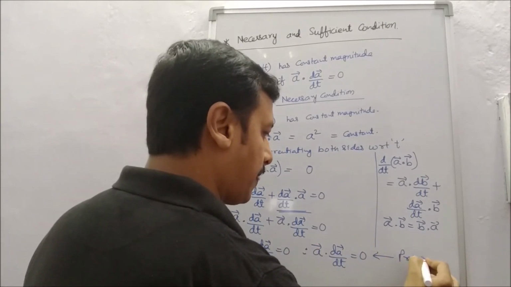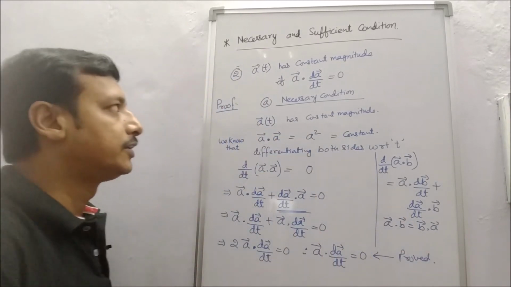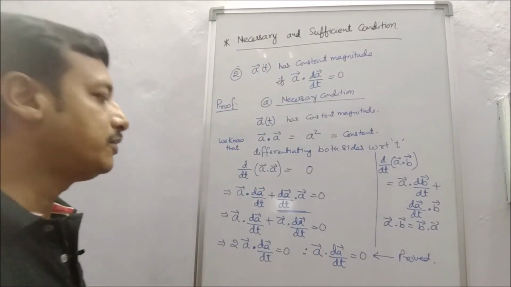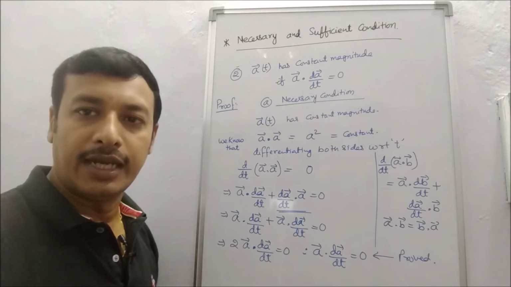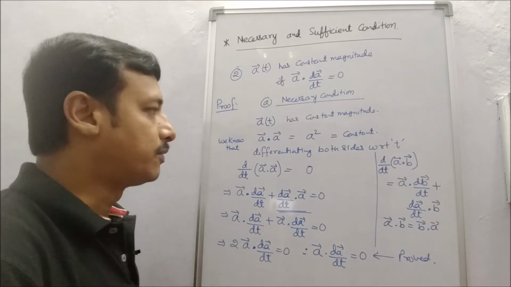Proved the necessary condition: if A has a constant magnitude, then A dot dA/dt is equal to 0.